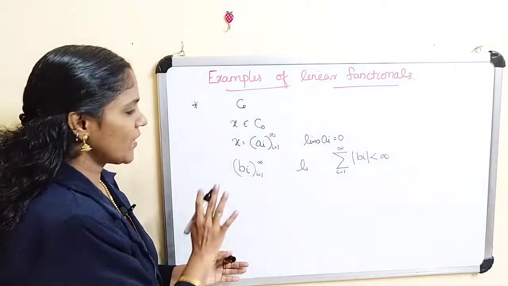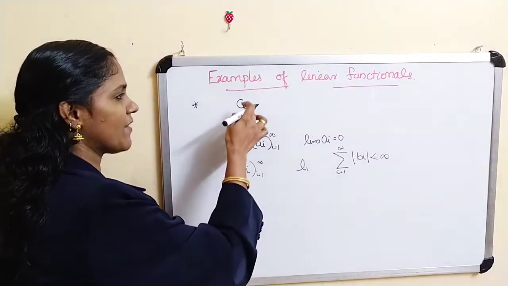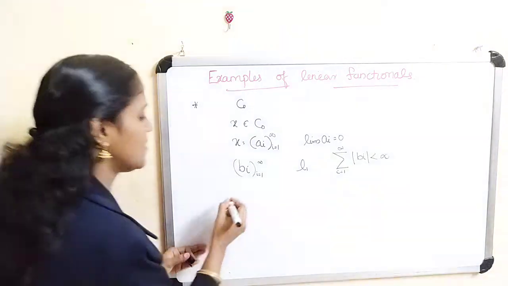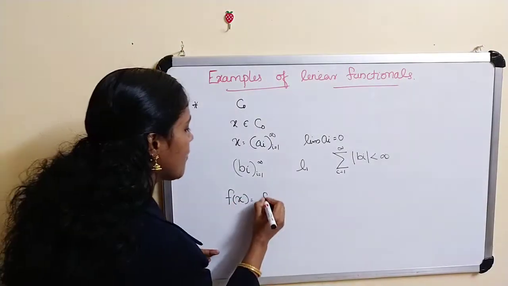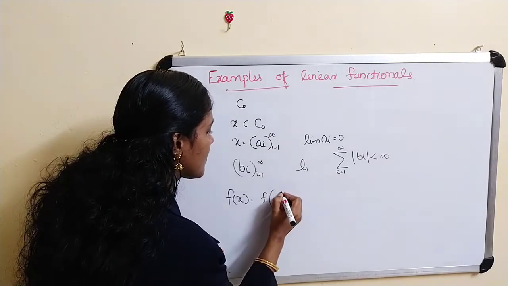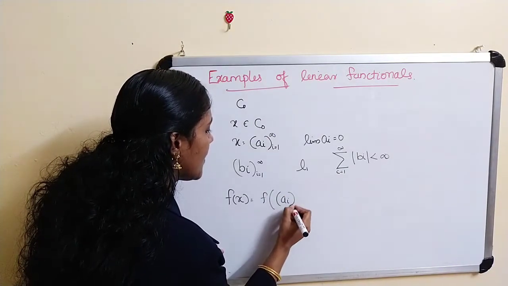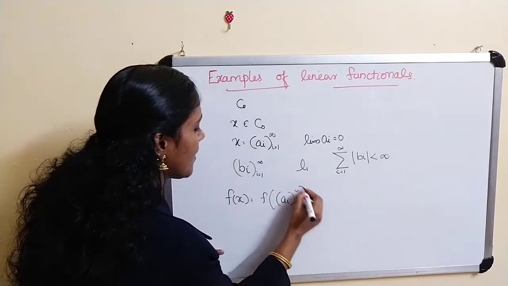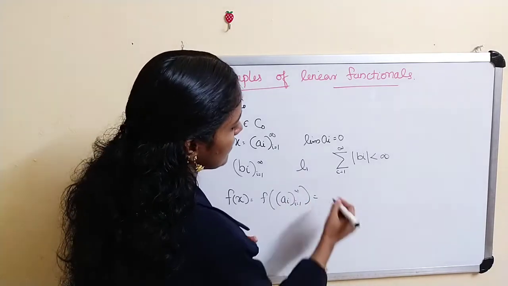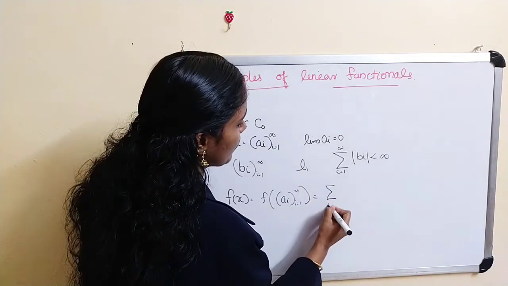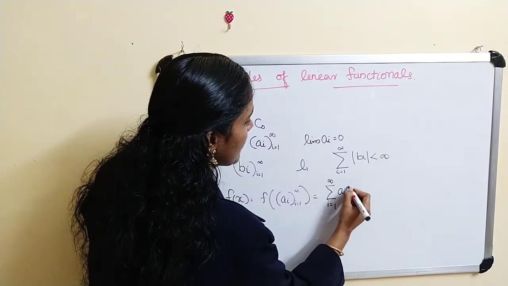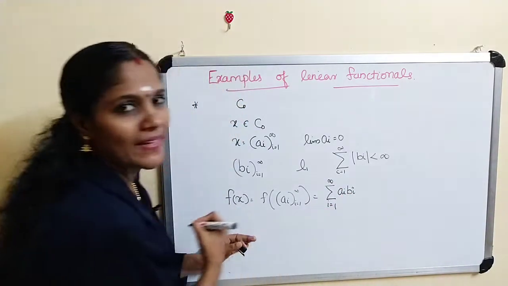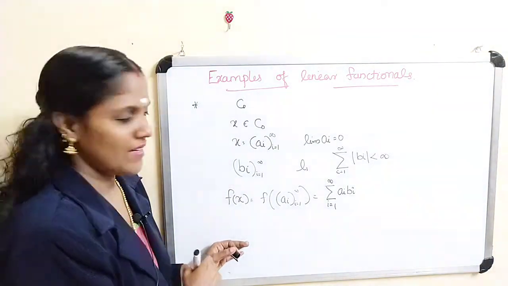Here we define a linear functional on c0 as f of x, that is f of the sequence a_i, i varies from 1 to infinity, as sigma i equal to 1 to infinity of a_i b_i.